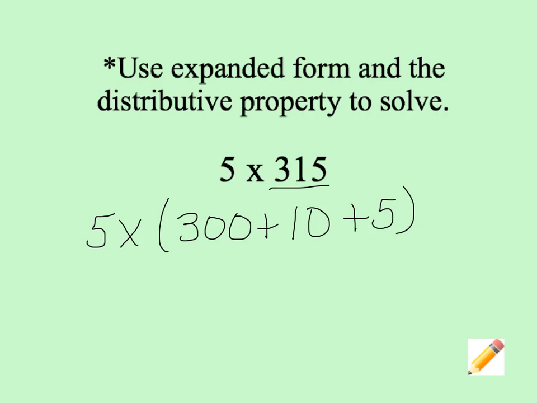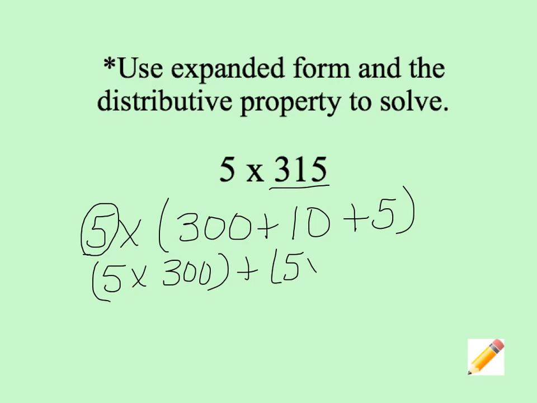There's my expanded form. Now I'm going to go ahead and put it into the distributive property. That means I have to keep multiplying times a 5. 5 times 300 plus 5 times 10 plus 5 times 5.